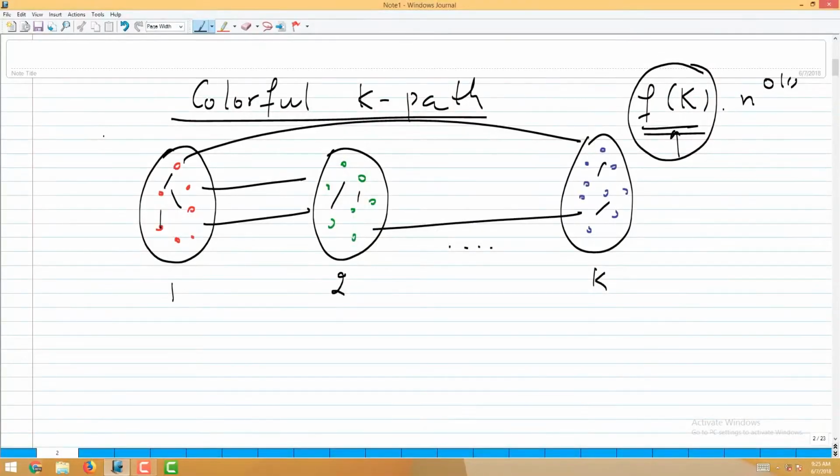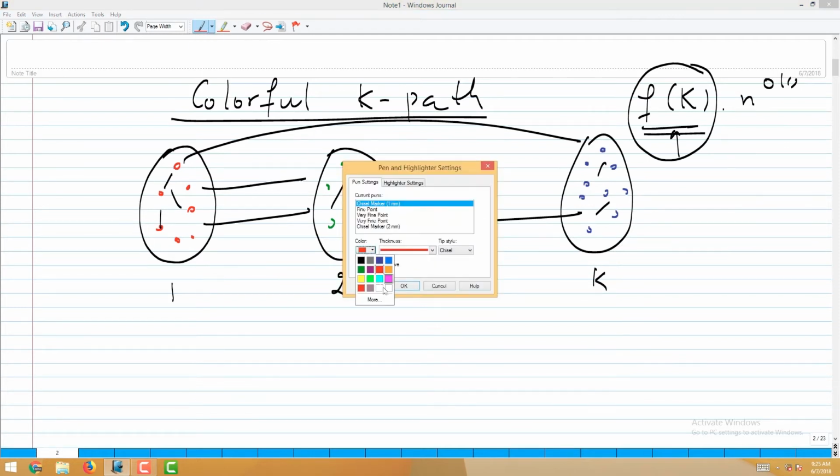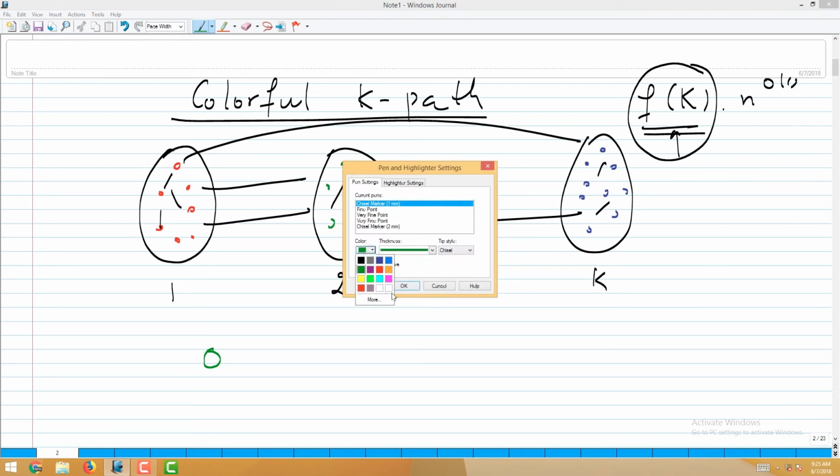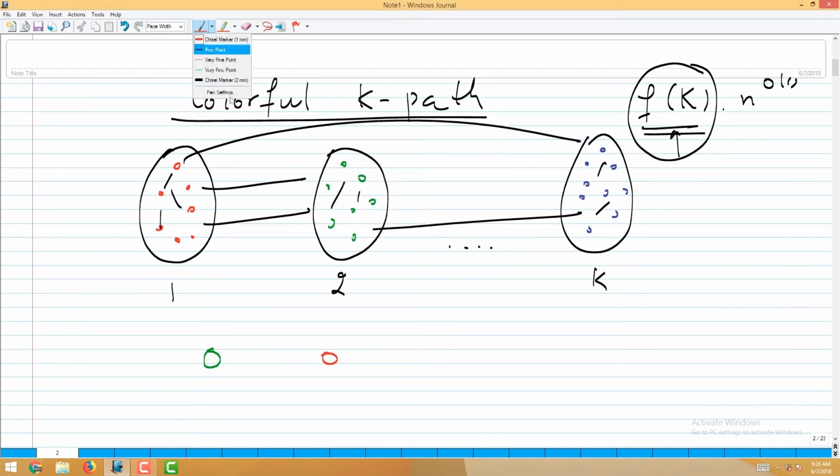Suppose I guess that the path that I'm looking for will have its first vertex be a green vertex. Suppose I guess that, and let's say I guess that the second vertex will be red in that path, and the third vertex will be blue in that path.